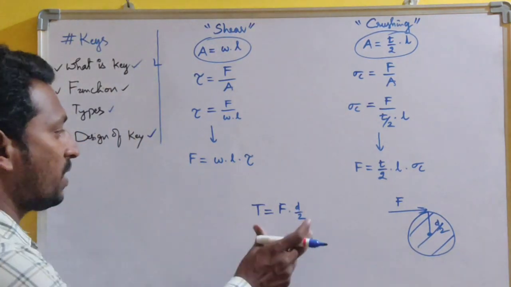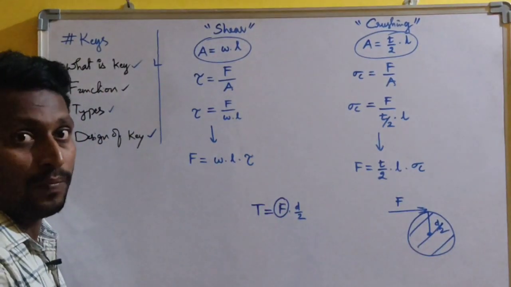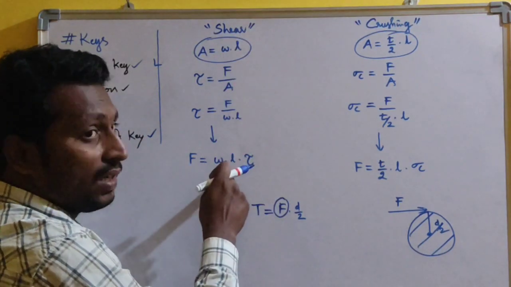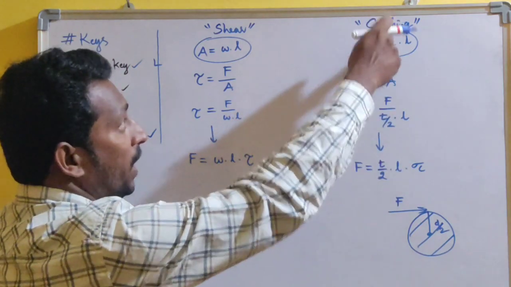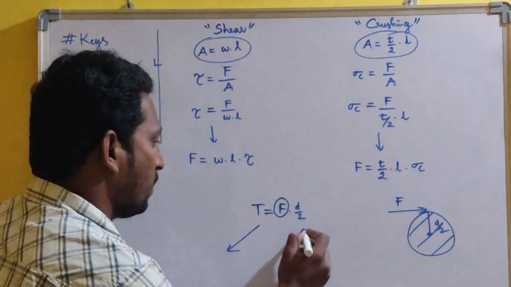Here there is F. By substituting this F from the shear relation, and we have another relation for F according to the crushing criterion, we will get two separate relations.